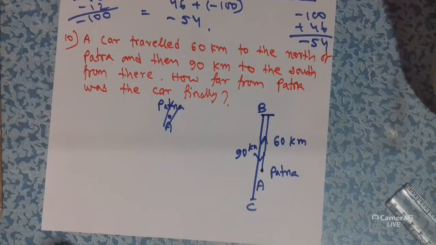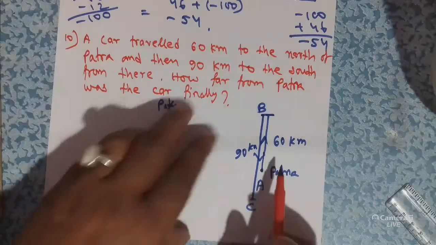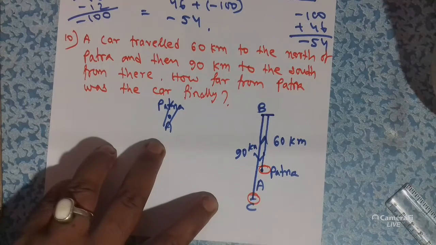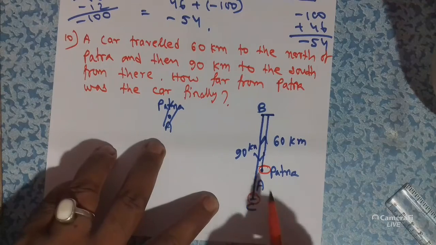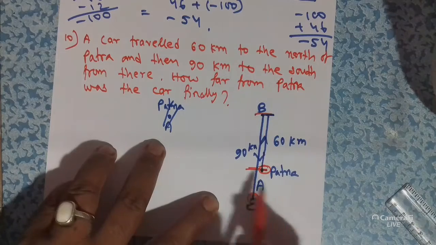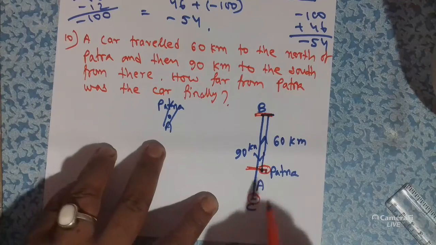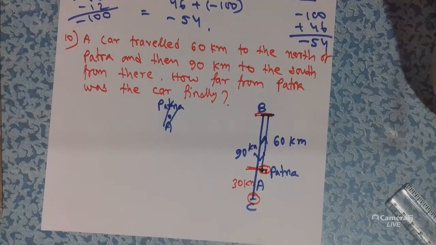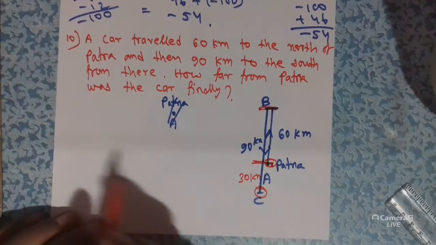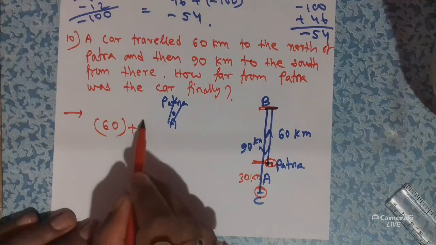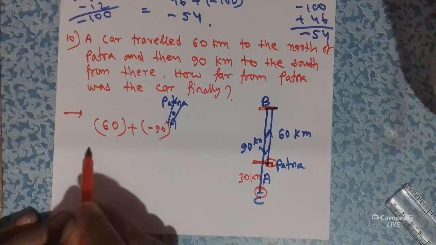So students, now the question is, how far from Patna was the car finally? So this is Patna and this is the final position. From the position B to Patna it is 60 km, and from Patna to C it is 30 km. Okay students, so now we have to solve like this: 60 plus of minus 90.